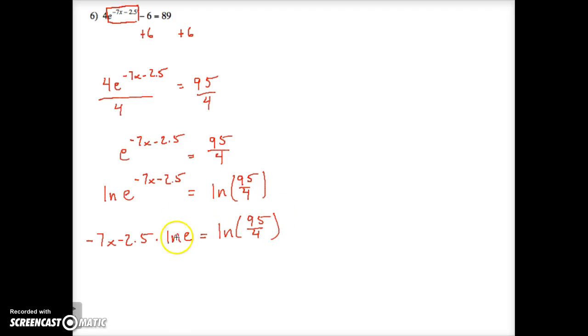And in doing that, the natural log of e is just equal to 1. So on this side we have negative 7x minus 2.5 equals the natural log of 95 over 4.